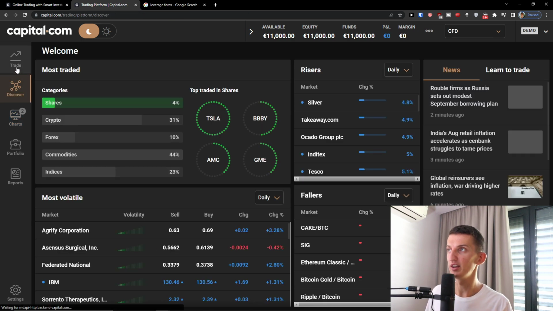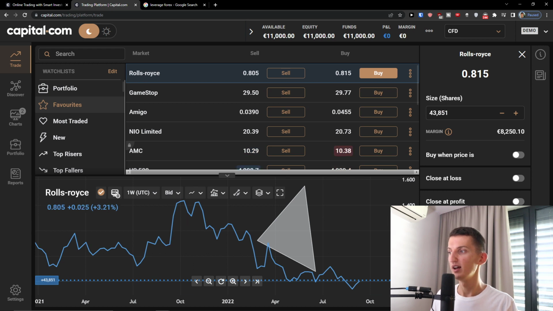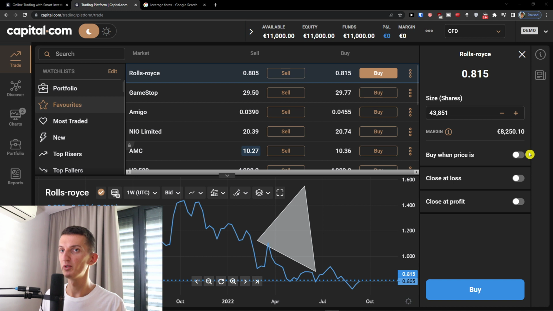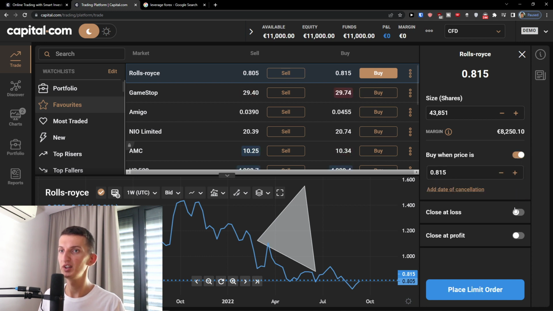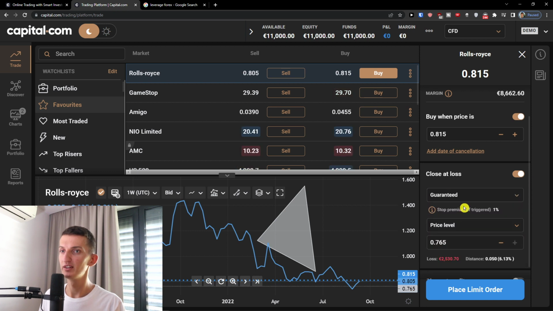So if you enjoyed it and if you understand it, it's not even really that difficult. You come here to buy, and I'm going to move my camera. You can have a bid on the right side and buy when the price is. You can close it at a loss if you want to, if it's going to be trailing or guaranteed.